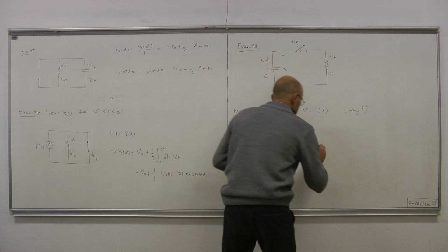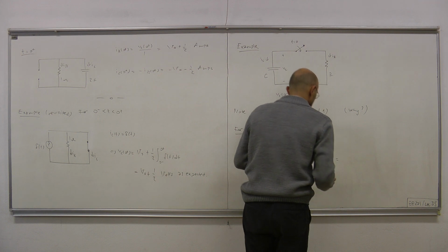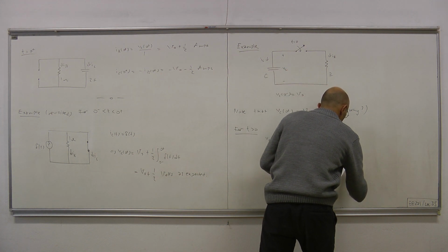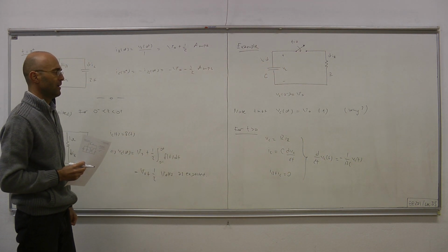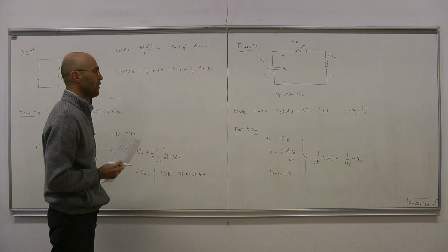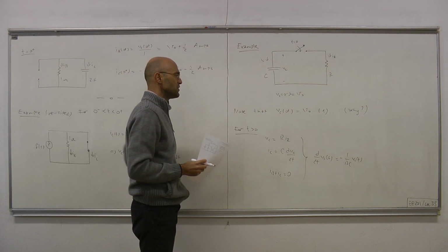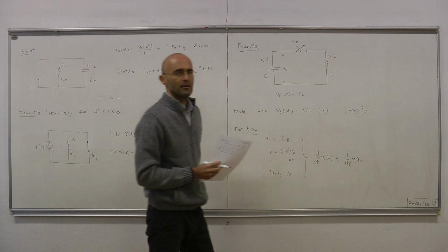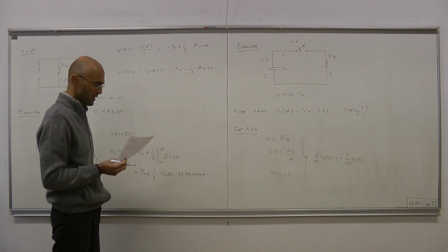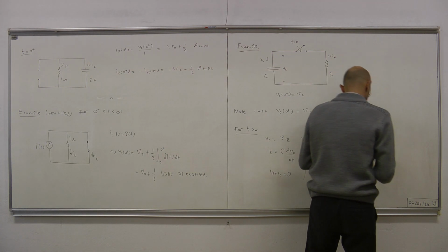That turns out to be d/dt v_C(t) equals minus 1 over RC times v_C(t). So that's a first order LTI homogeneous differential equation. Homogeneous means that it doesn't have any input. It's only in terms of this variable, the capacitor voltage in this case. Let's call this equation 2.